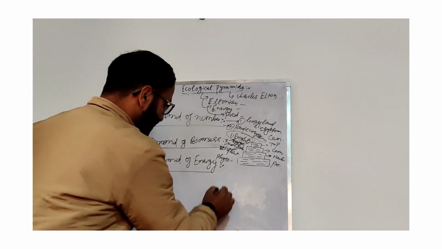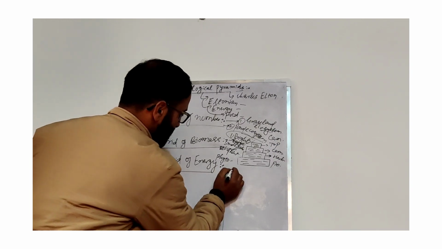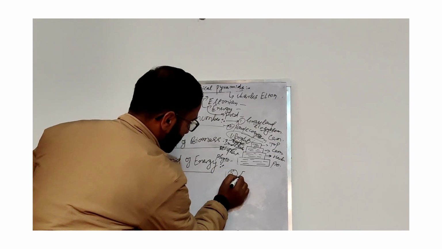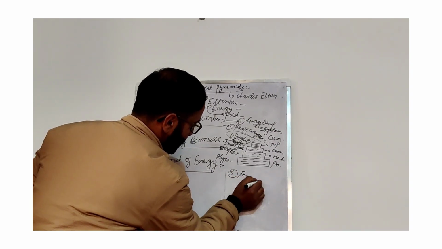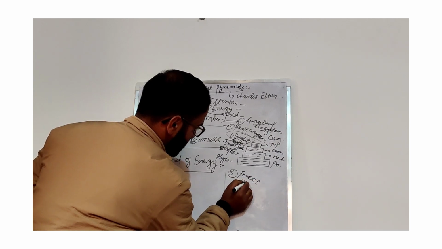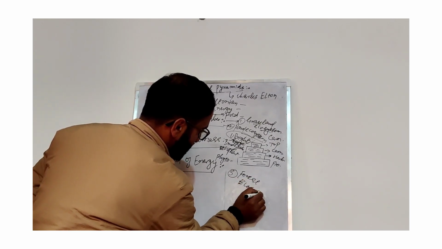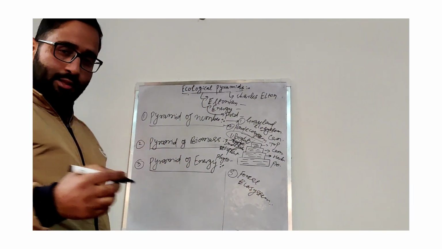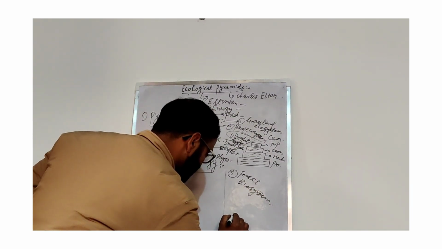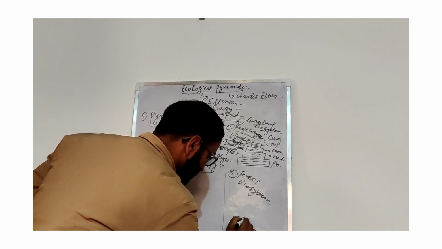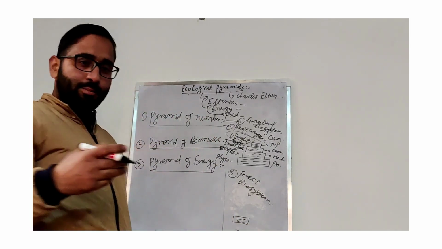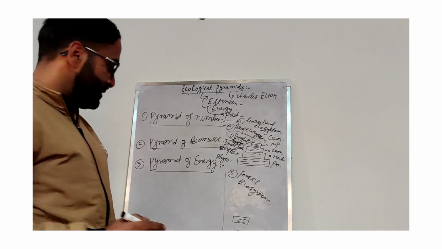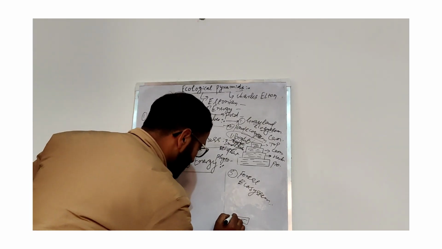Now we will take up the forest ecosystem. So third, the forest ecosystem. In the forest ecosystem, the producers are trees. The number of herbivores which feed on these trees is more than the number of trees.